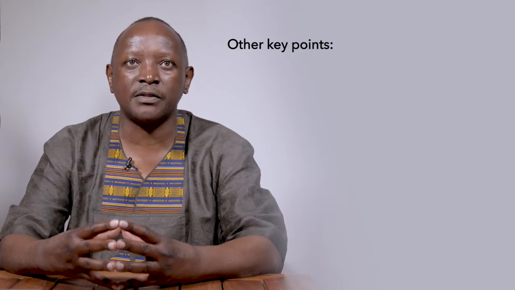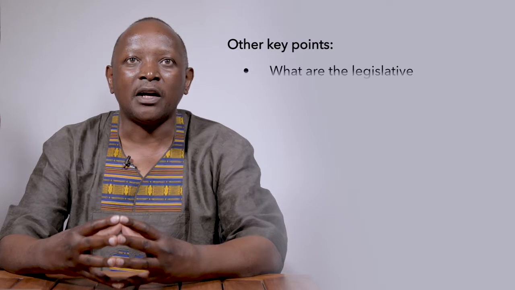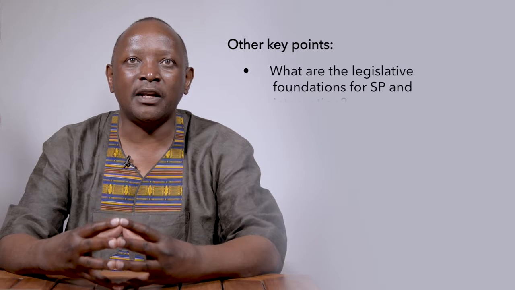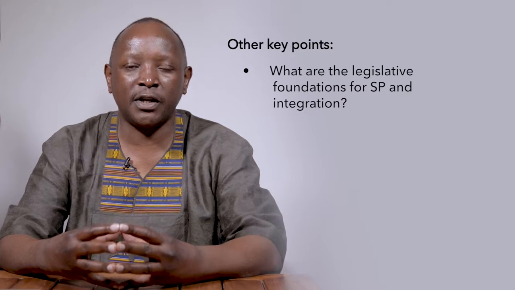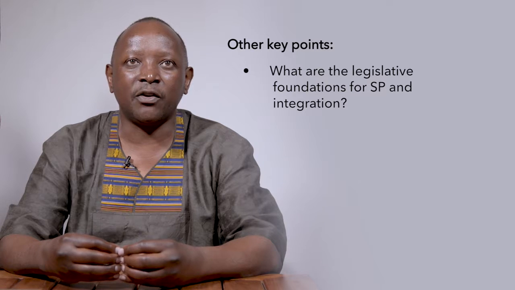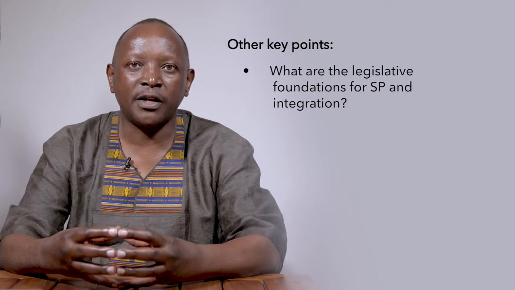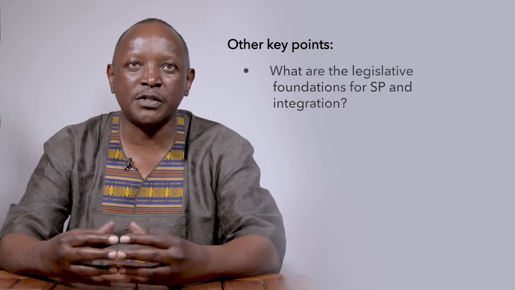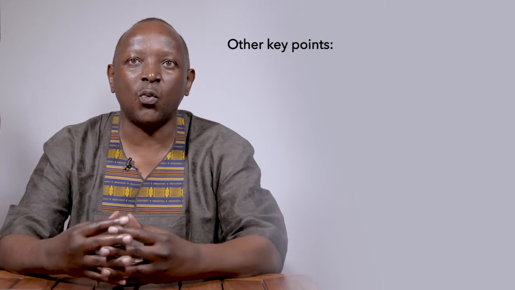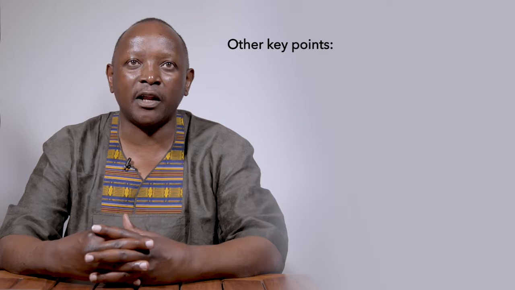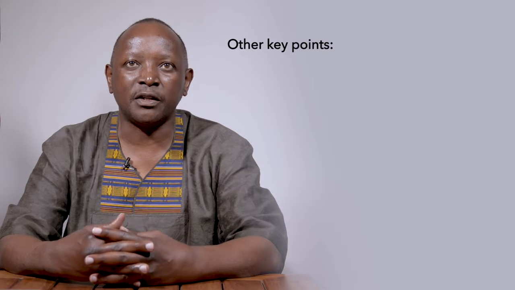One of the other key questions that we have to ask ourselves is, what are the legislative foundations for social protection and for integration that exist in a country? The legislative framework is quite important because it puts in place the legal basis on which social protection can be conducted by government.